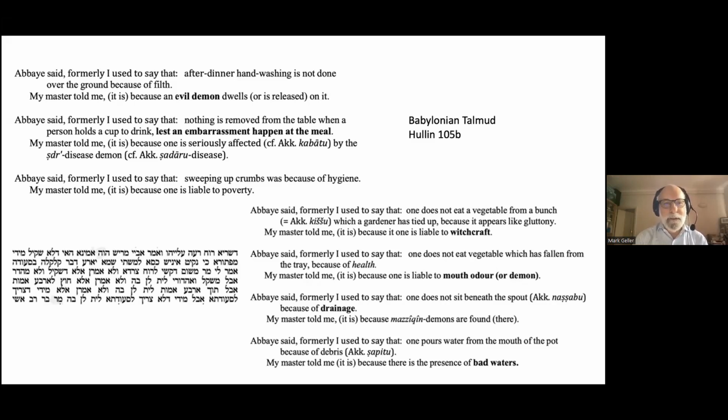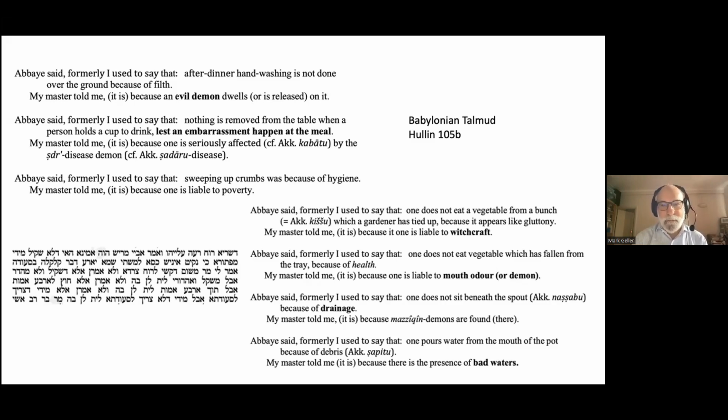Now this reason for "my master" is the other reason why I believe that this umanu is not his mother, but it really is an umanu. It's an expert. Now, in each case, it's interesting because Abaya thinks that practices reflect etiquette or good manners, and the master tells him, no, it's really something much more serious than that.